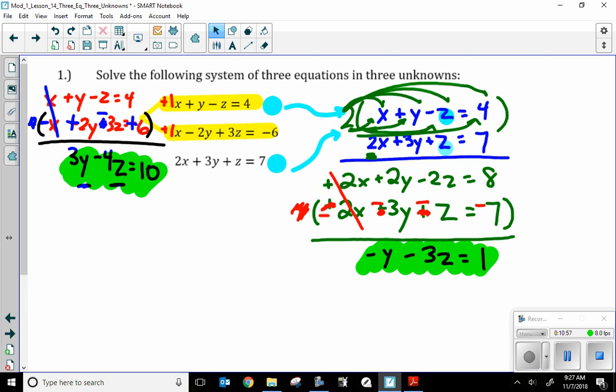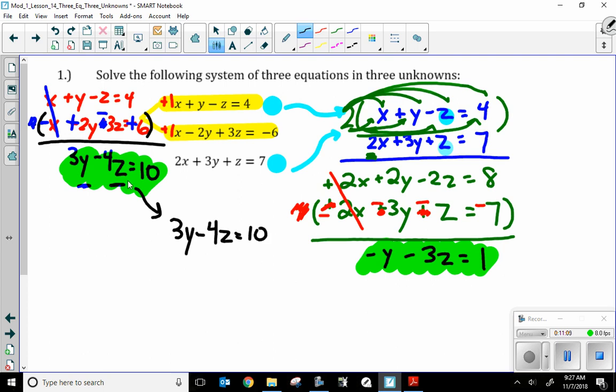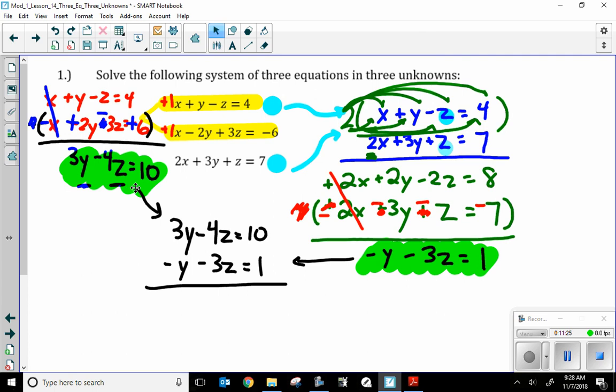All right? So let's combine my two equations, shall we? 3y minus 4z equals 10. Negative y minus 3z equals 1. Neither the y variable nor the z variable has the same number in front of it.